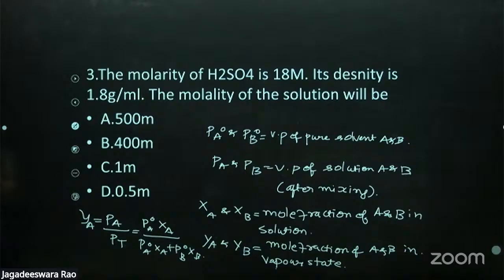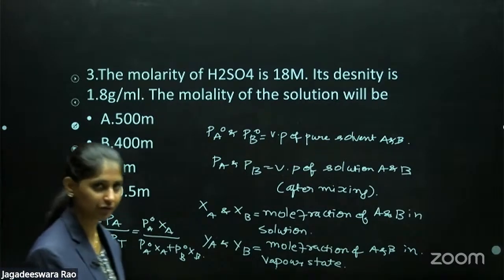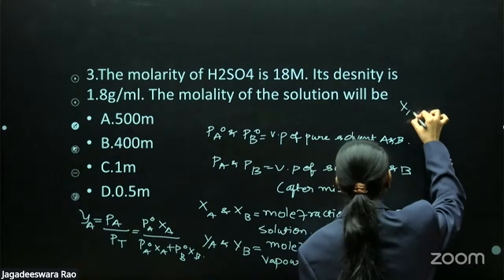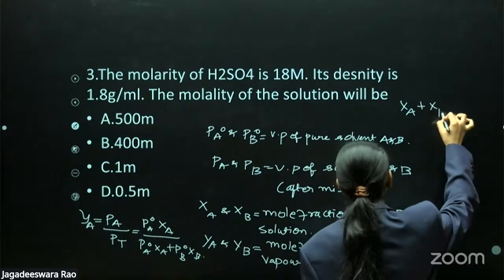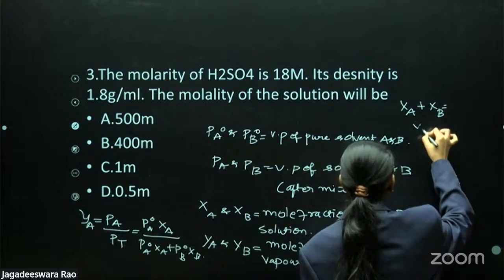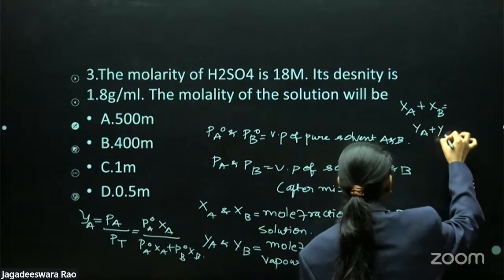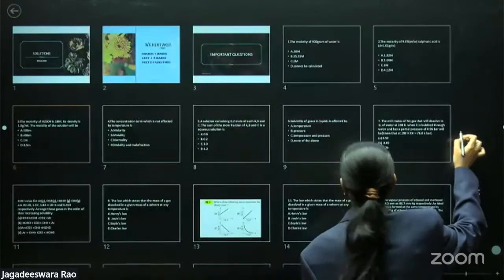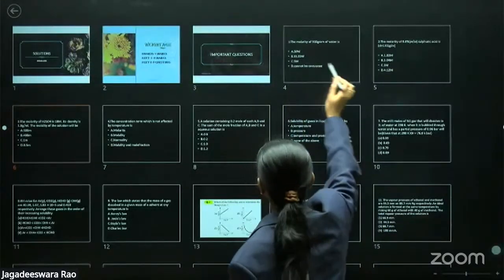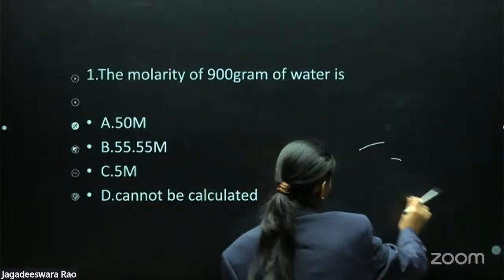Once you know the YA, you need not apply the formula for YB, because always the sum of the mole fraction is equals to 1. That means XA plus XB is equals to 1. Similar way, YA plus YB is also equals to 1. This you should be knowing.